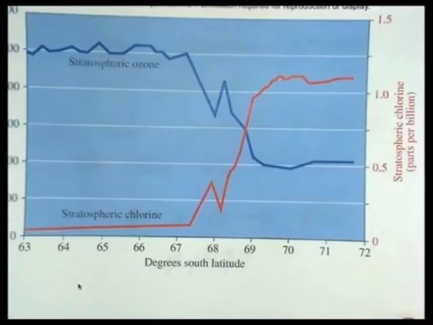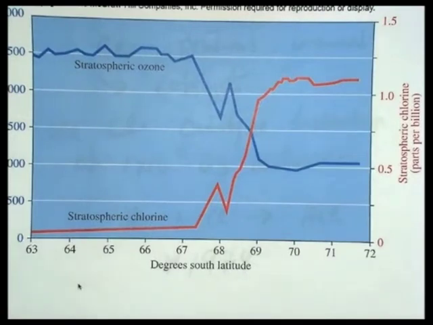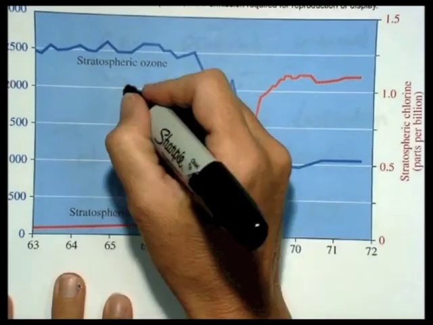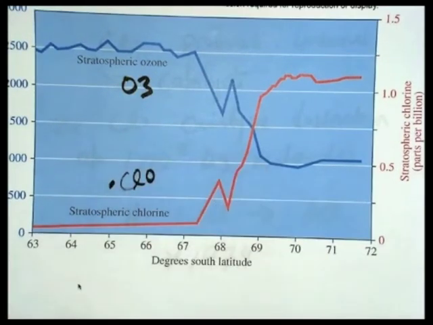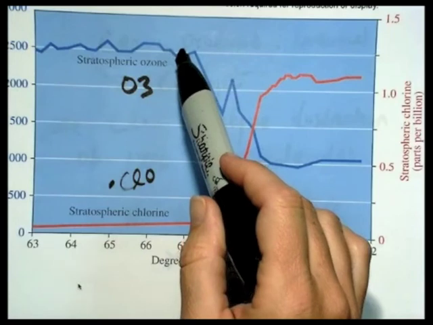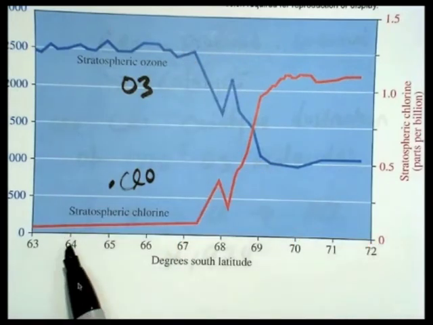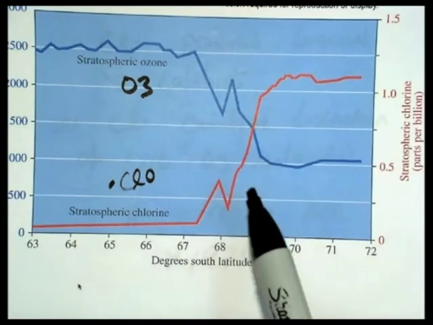And so they went out and did more careful analysis, testing both the stratospheric ozone and the stratospheric chlorine. The stratospheric ozone, of course, is O3, and the stratospheric chlorine was in the form of one of the intermediates in the process, this free radical chlorine oxide molecule. And what they showed, based on the degrees south latitude, was that if the stratospheric ozone concentration was relatively high, the stratospheric chlorine concentration was relatively low, and as the stratospheric chlorine concentration increased, the stratospheric ozone concentration decreased.